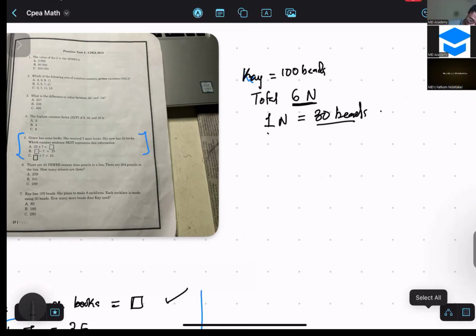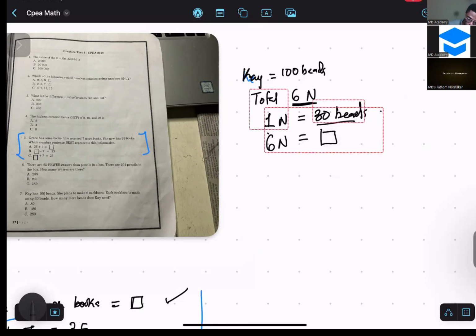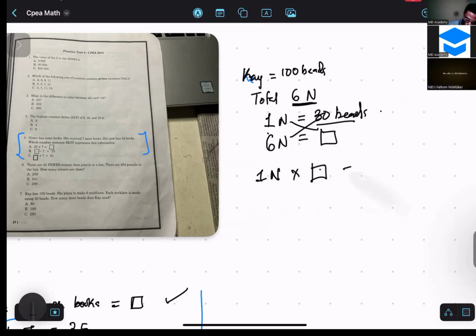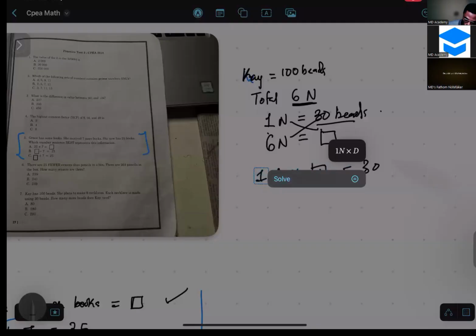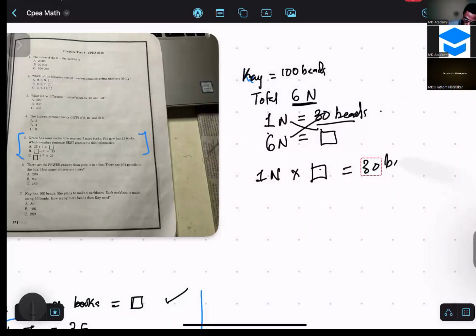And the easiest way to express this is to say 6 will be equal to box. Again, we could use this box system or use the common sense system to say that all you just have to do is to say 6 times 30 to work it out. Well, because we do not know, we could say it's equal to box, and now we cross. This technique is useful in working these problems whenever you are confused. But if you know the solution, you can skip to the relevant parts.